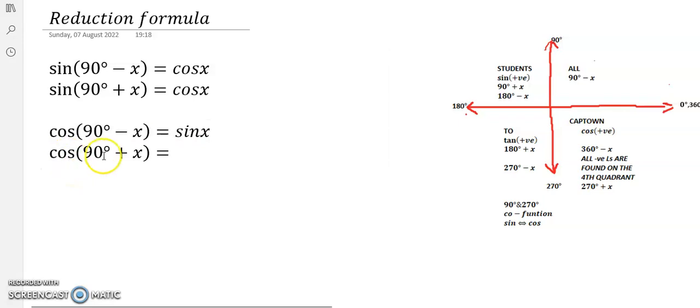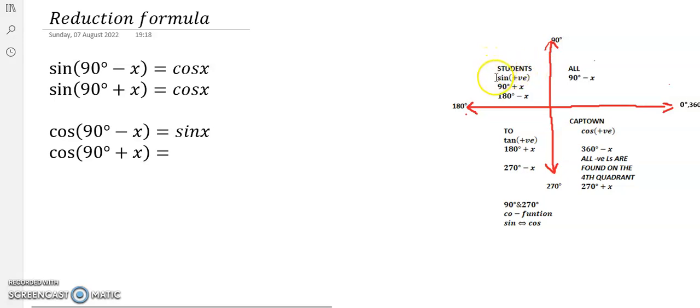Now we have cos of 90 degrees plus x. Okay guys, 90 degrees plus x is our reference angle. Then 90 degrees plus x is on the second quadrant. Only sine is positive, then cos will be negative because there is no cos here. As you can see here, we have All Students.